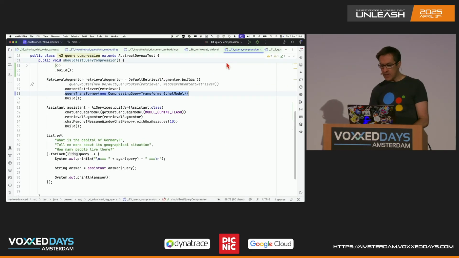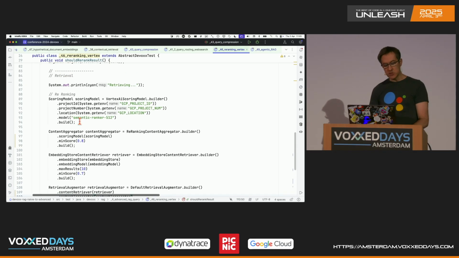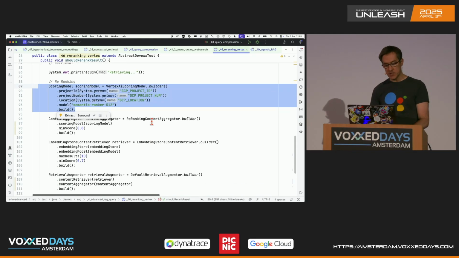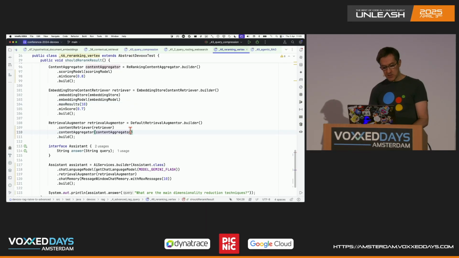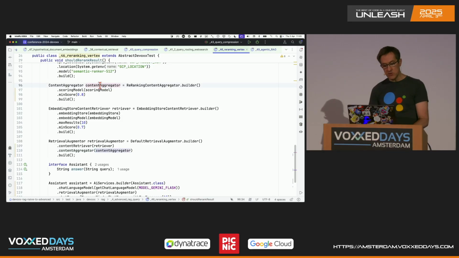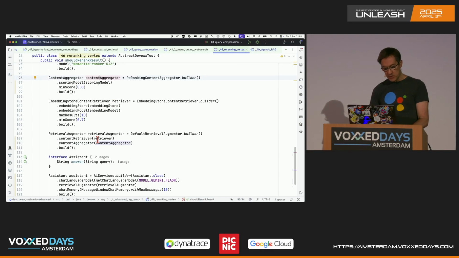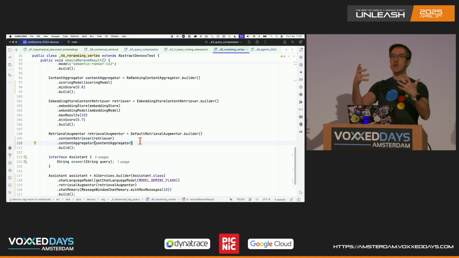And for re-ranking, you can use a scoring model in Langchain4j. And when you do the search, you can add, where is it? The content, you have a content aggregator, which will be used here. You define the vector database where you want to search, but you say, I want to use a content aggregator to re-rank the results.